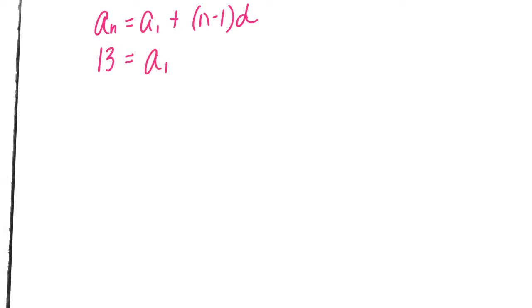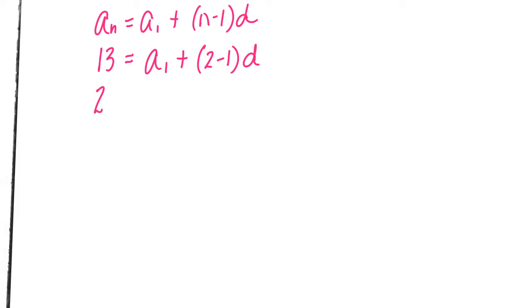The first thing that we need to know is our formula: a sub n is equal to a sub 1 plus n minus 1 times the common difference. The other thing that we know is that 13 is equal to, we don't know the first term, but we know that 13 was the second term. We also do not know the common difference.